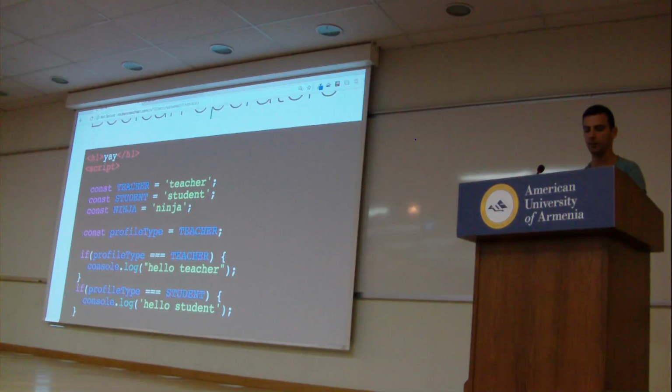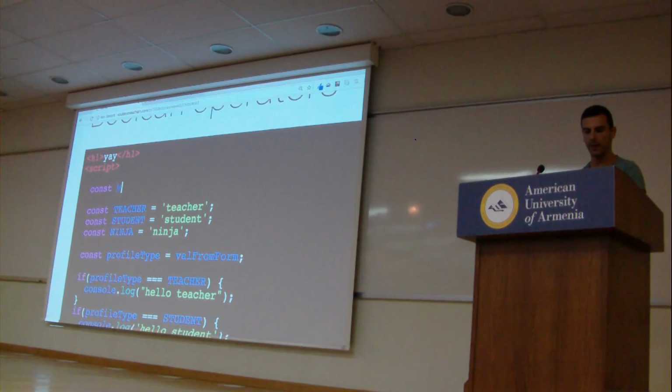Again, this is just an example. This is coming from somewhere, and let's just say it's teacher. Let's have this be val from form, and then let's say that the val from form is teacher.